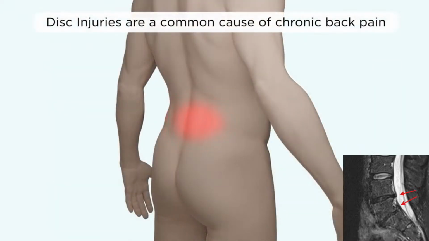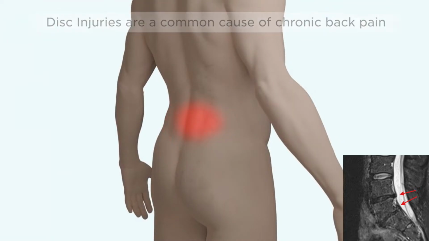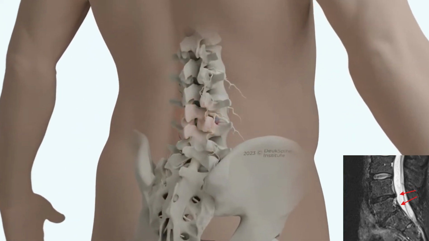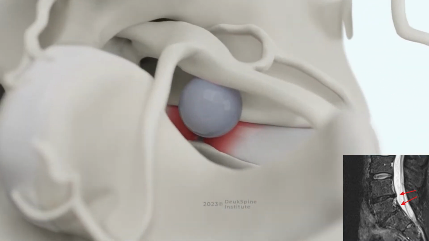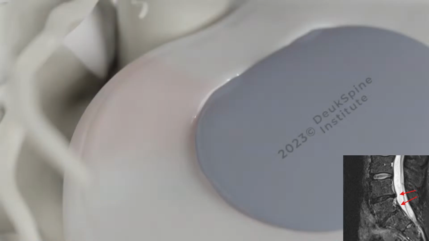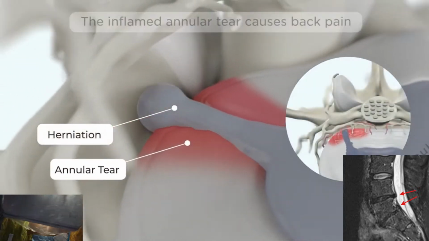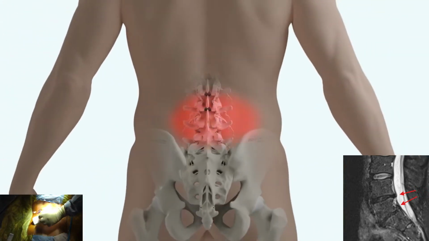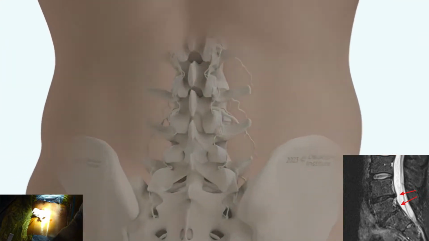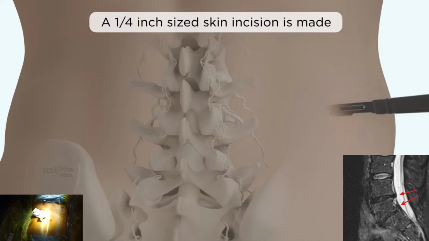Disc injuries are a common cause of chronic back pain. The inflamed annular tear causes back pain. A 1/4-inch skin incision is made.